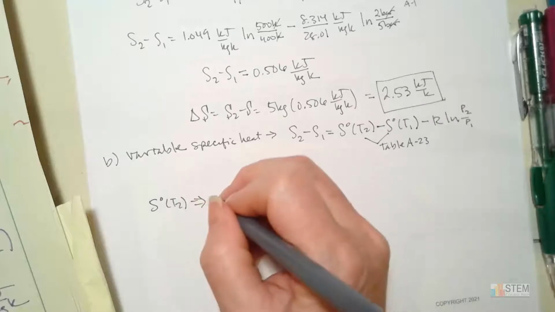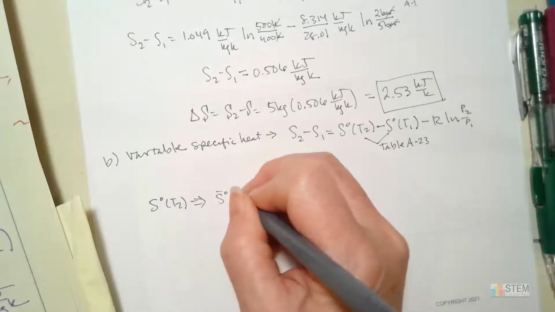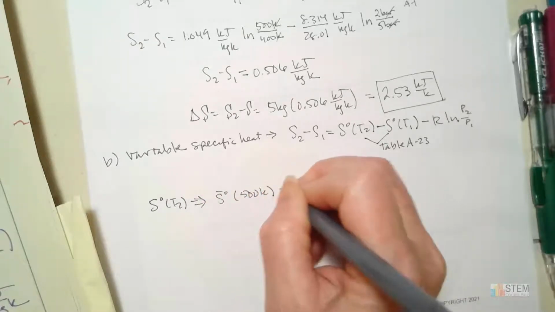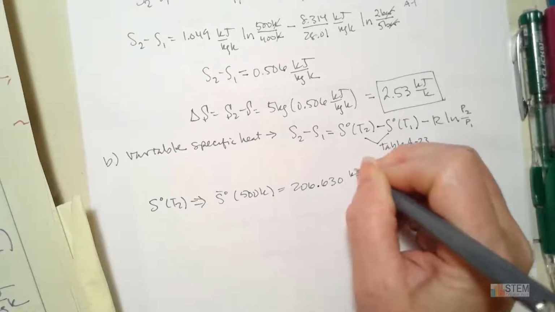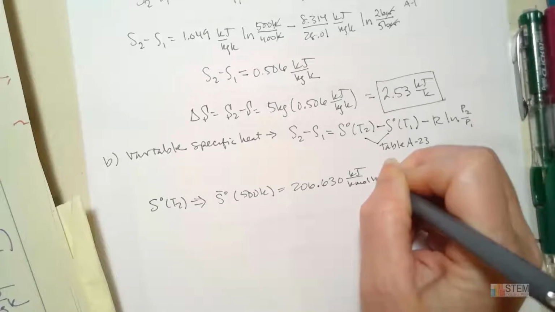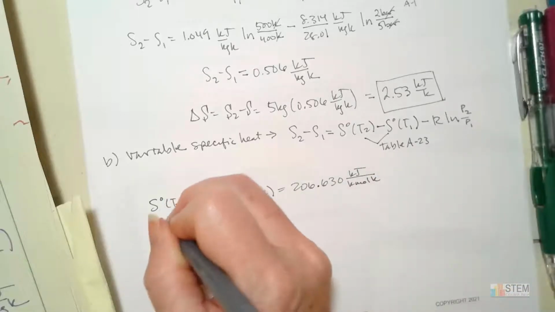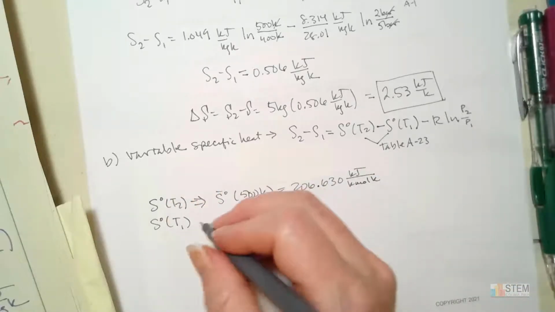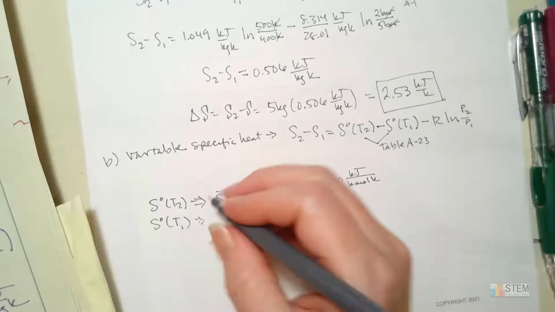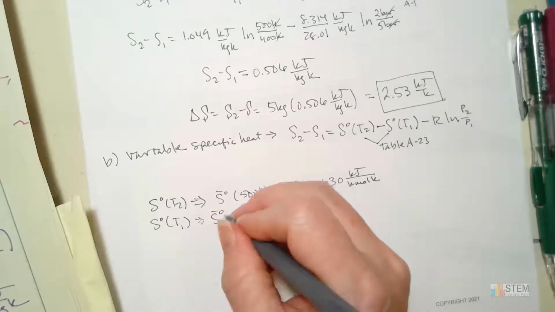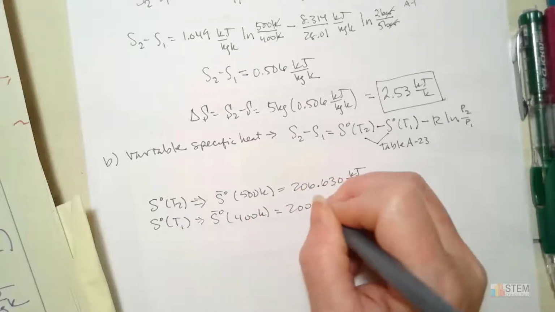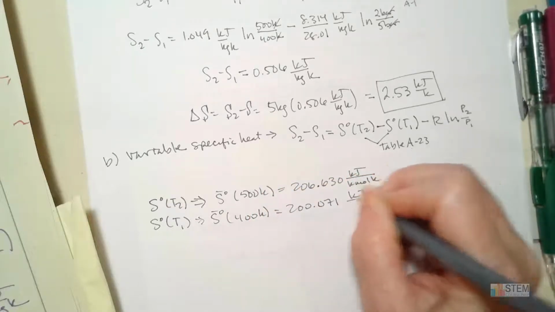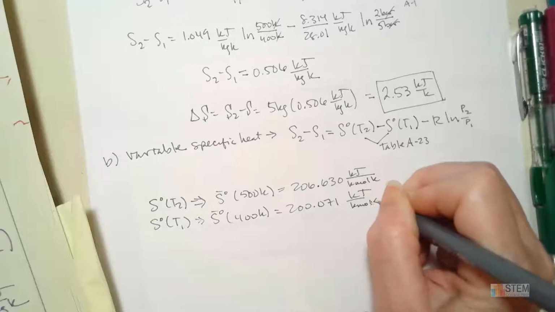Okay, so to get this, we're going to look up in the table at 500 Kelvin. We got a value of 206.63. That was kilojoules per kilomole Kelvin. And then for this, the initial temperature was T1. We're going to get the entry of 200.071 kilojoules per kilomole Kelvin.